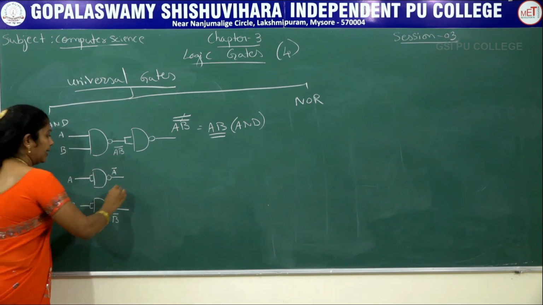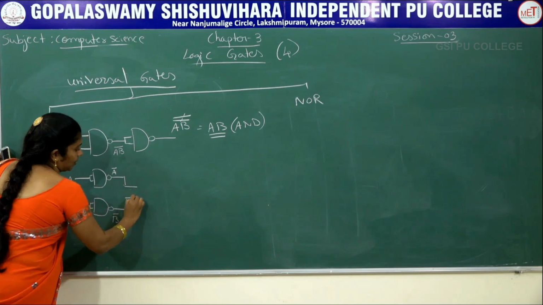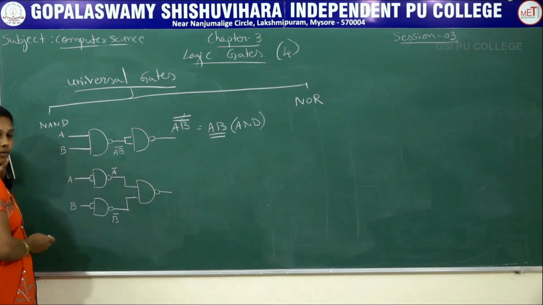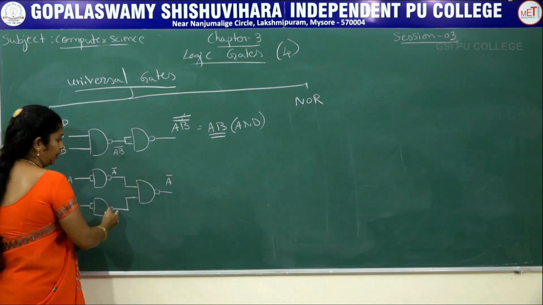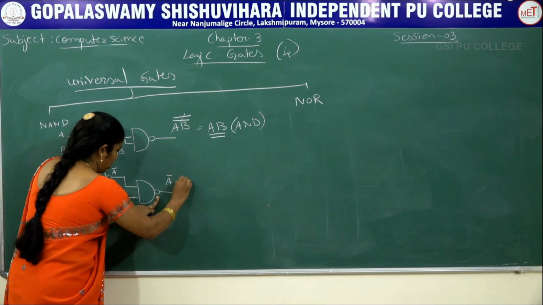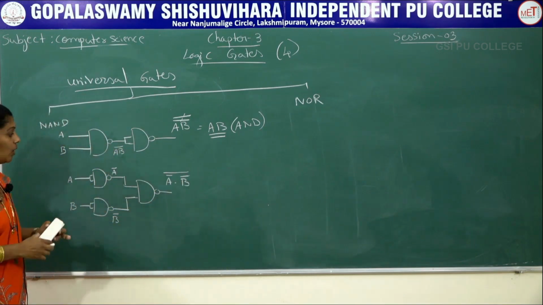Connect this once again with the NAND operation only. What is the output here? We get A bar, the first input. Here we have dot, D shape, that's why dot, B bar, whole bar, whole bar.